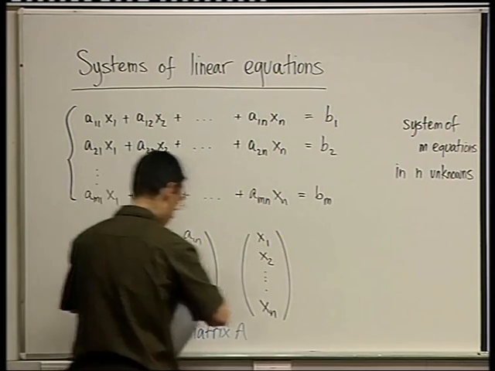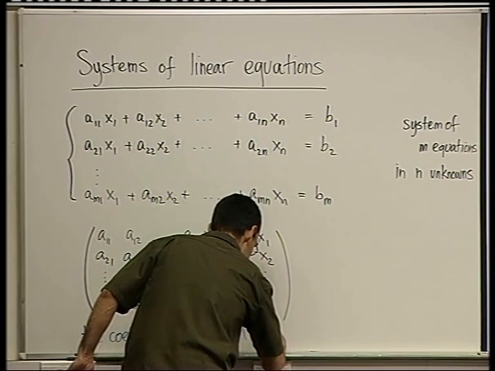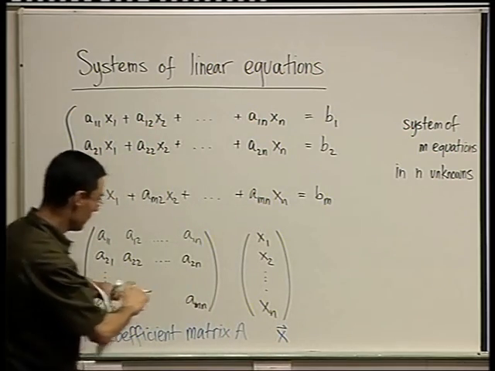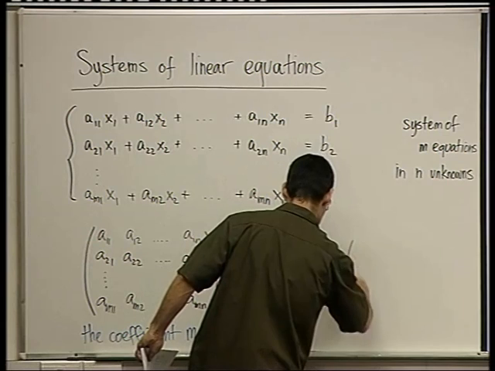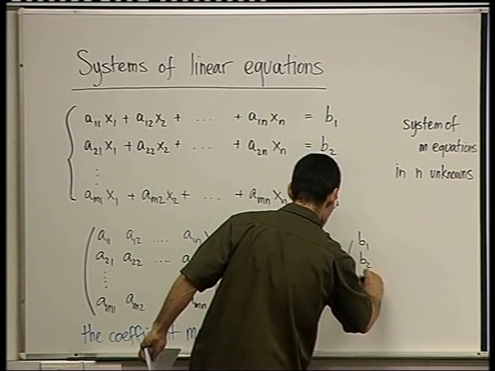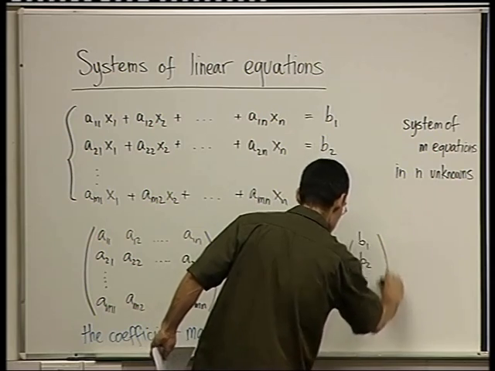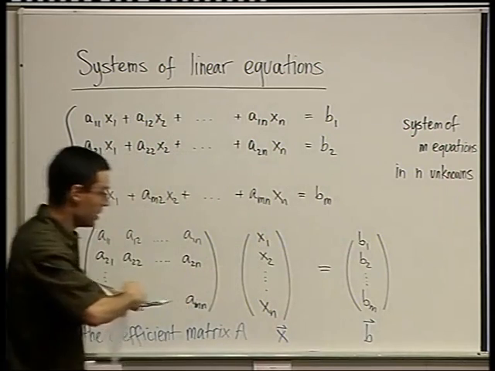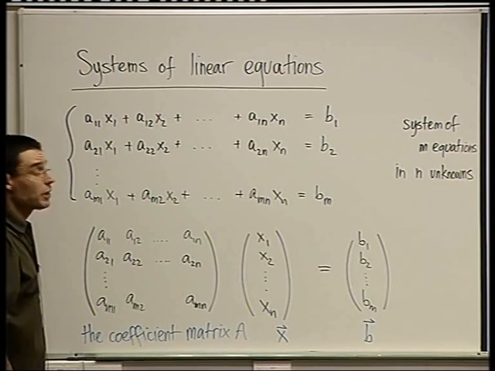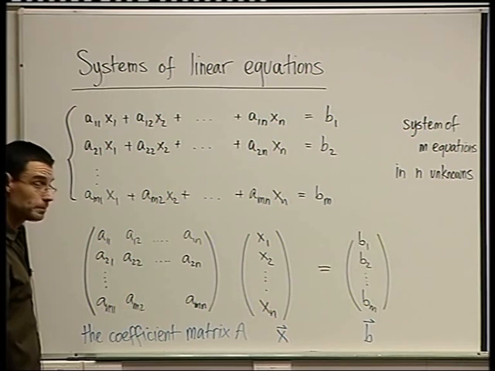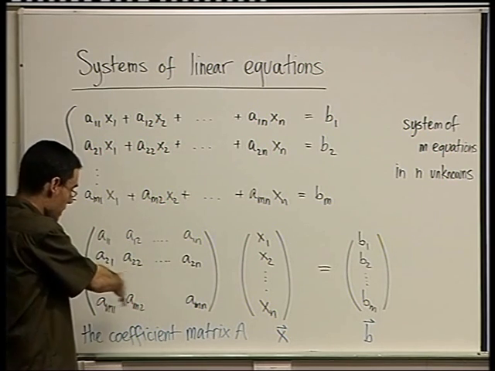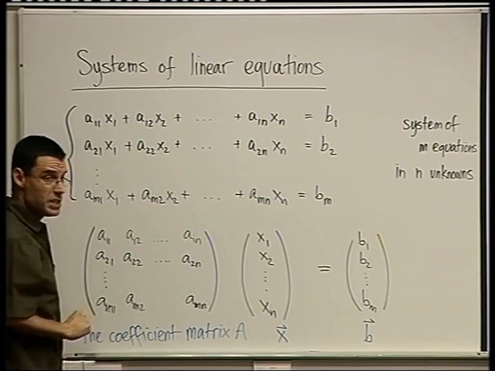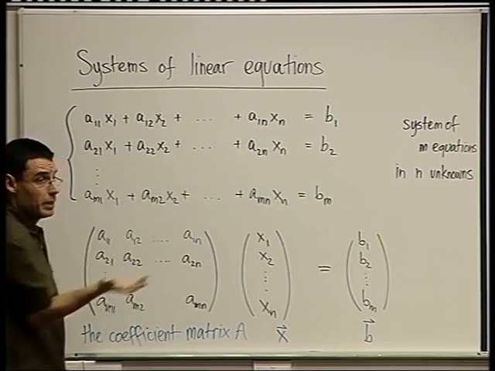So this is the variable vector, we called it x, and then this equals b1, b2, all the way to bm, which we denote by b, which is the constant vector, the free coefficient vector. Okay? Good. So do you see that this is just writing, using all these indices and labeling, that example abstractly.